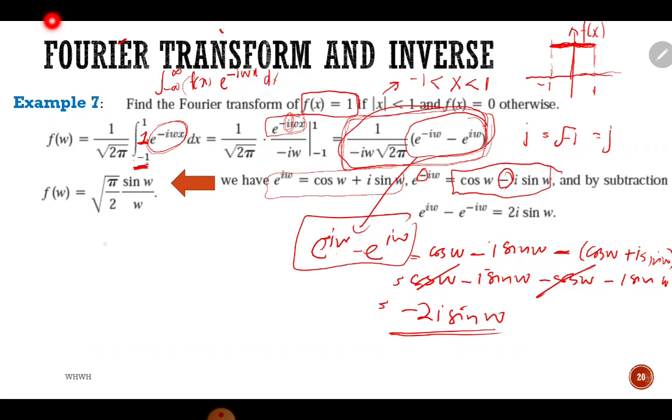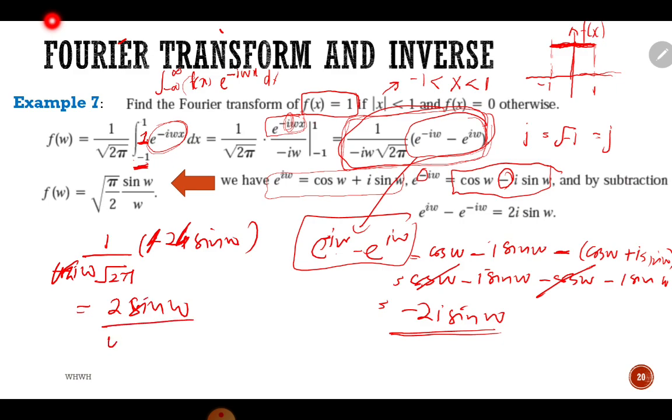So we have i over negative i omega square root 2 pi times negative 2i sin omega. Then this negative you may cancel, and i and i here you cancel. So we are left with 2 sin omega over omega square root 2 pi.